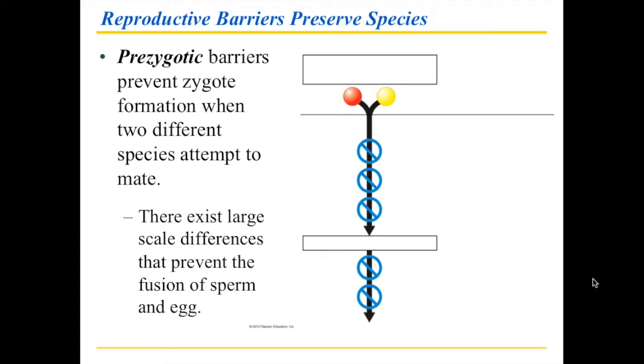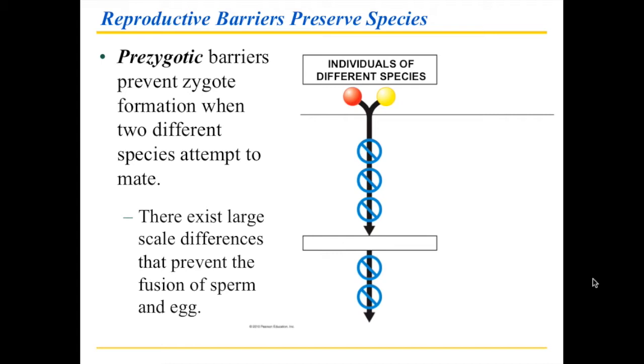Now, if you remember, sperm and egg fuse, that's called fertilization, and the first single cell that exists with both of these genetic components is called the zygote. So the zygote is the departure point from which development then would produce the adults. And so what happens if there are similar organisms and they somehow find each other, but something happens to prevent their reproduction? What exactly could those kinds of things be?